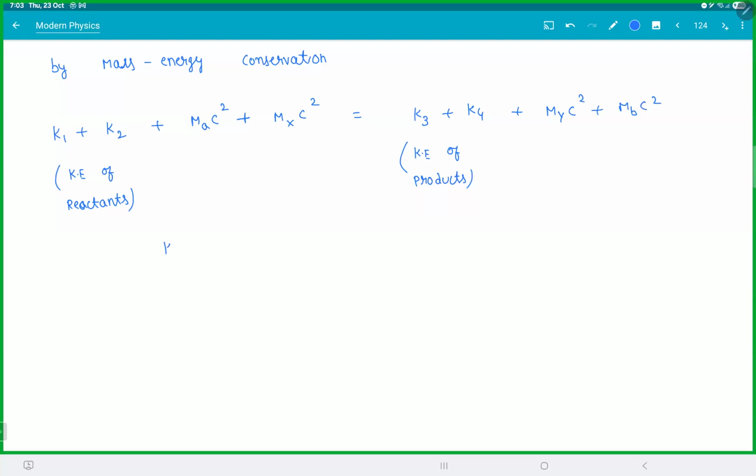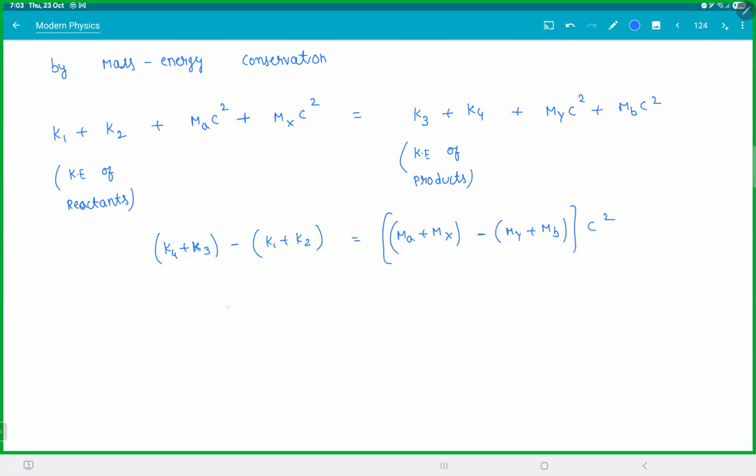If you rearrange the terms, you will notice this is K4 plus K3 minus K1 plus K2 will be equal to MA plus MX minus MY plus MB into C square.